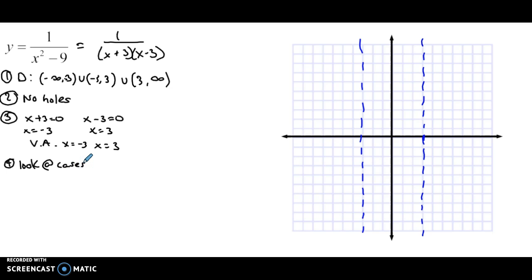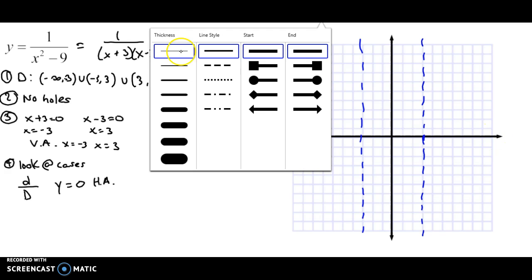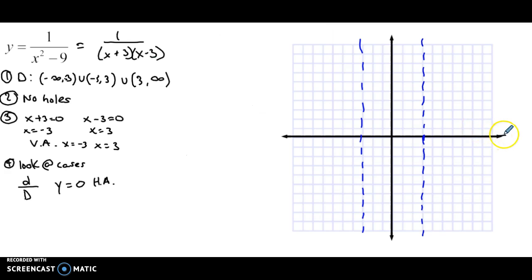I notice that I have a lowercase t over capital D type setup, which simply means the degree of the denominator is bigger than the degree of the numerator, which means my horizontal asymptote is going to be y equals 0. So I'm going to graph that as well. Horizontal asymptote is at y equals 0.